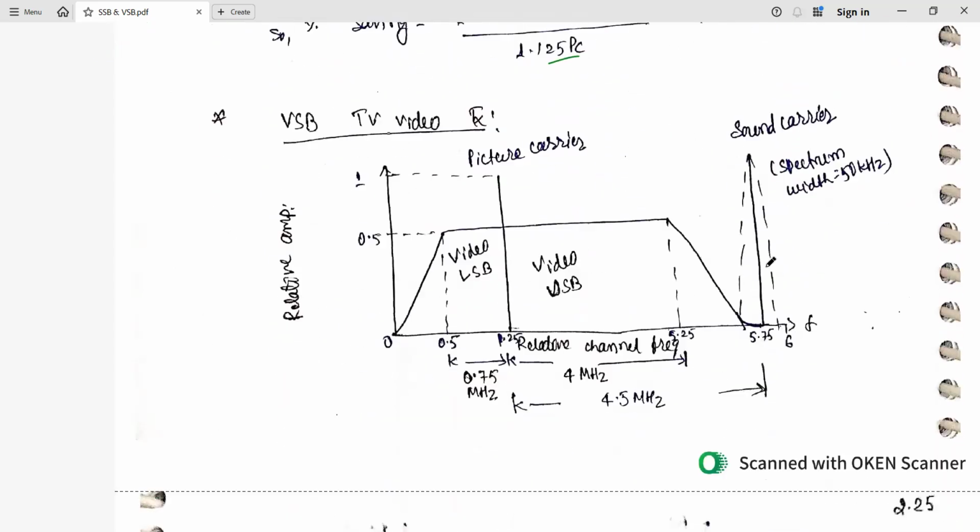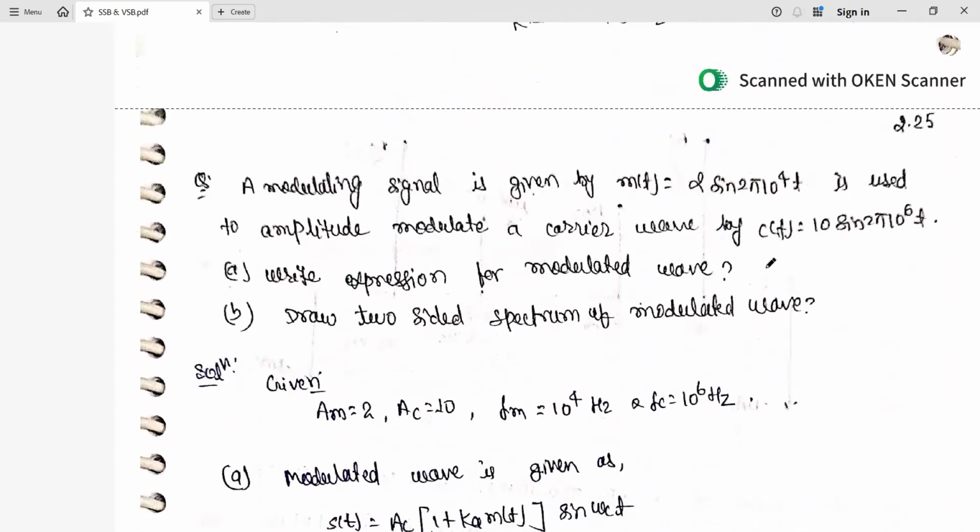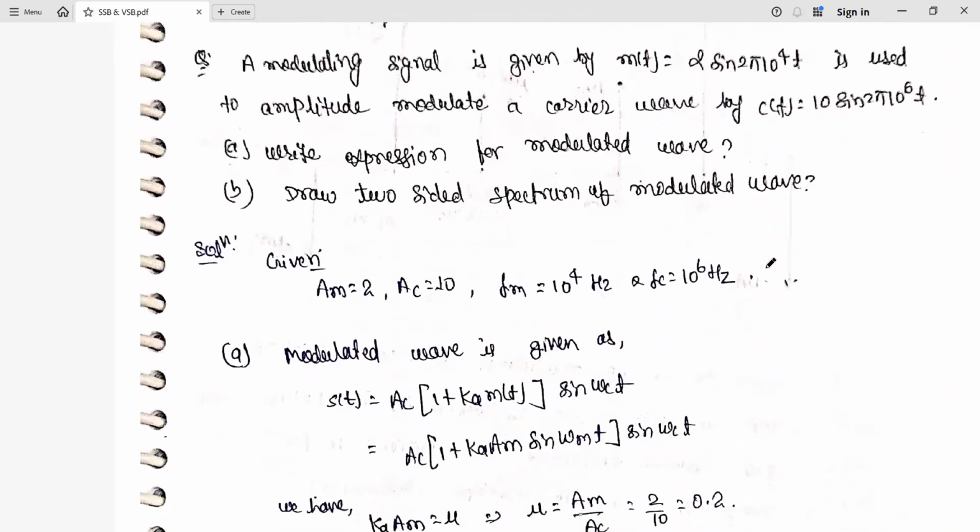Okay, now another question we have here. This is the most familiar question. A modulating signal is given by m of t equal to 2 sine 2 pi 10 to the power 4 t, so 10 to the power 4 is going to be fm. It is used to amplitude modulate a carrier wave c of t equal to 10 sine 2 pi 10 to the power 6 t.